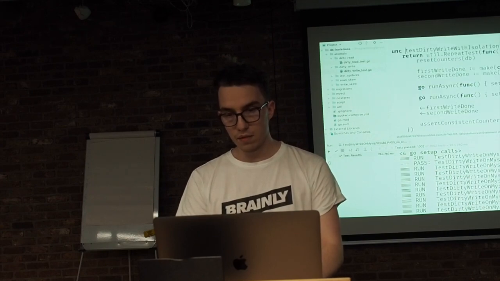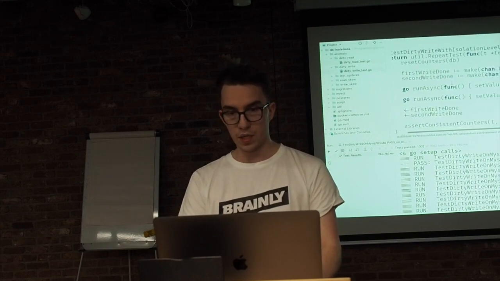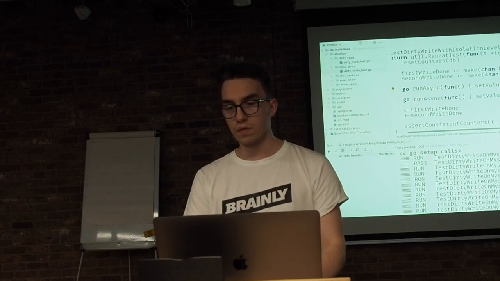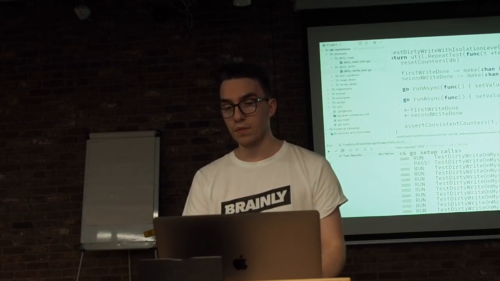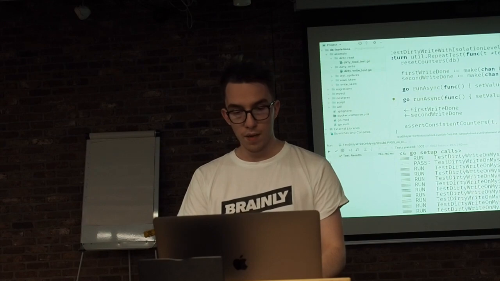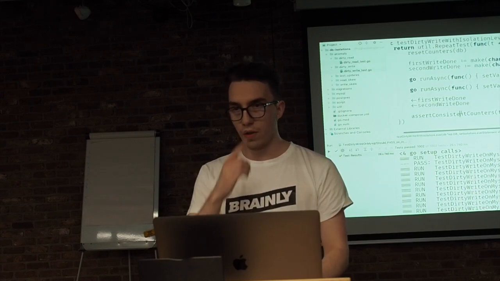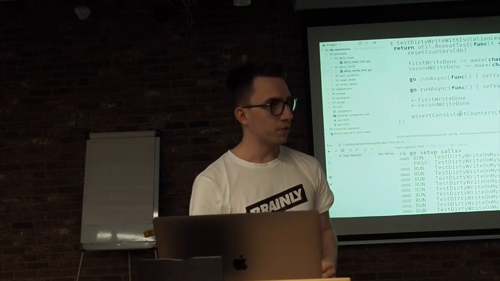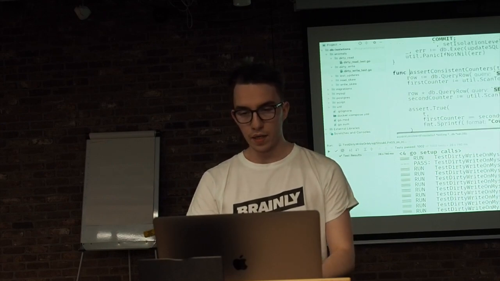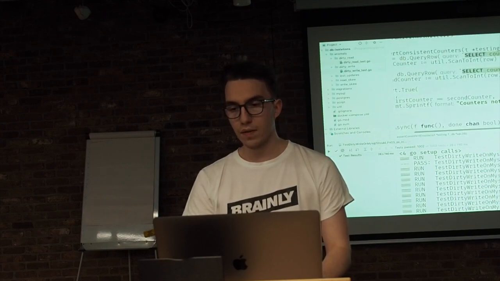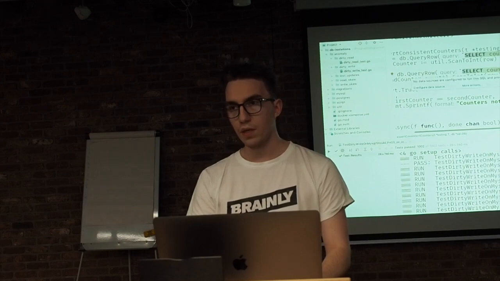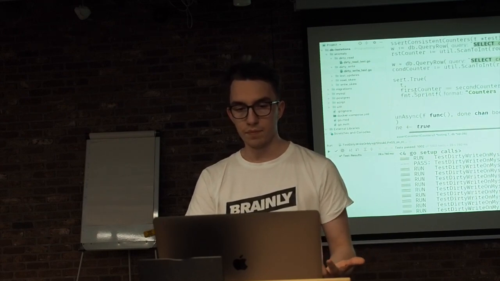As you can see, the first goroutine sets number 1, the other one sets number 2, but then after both of those transactions are finished, I assert that the first and the second counter should be the same. They are the same.